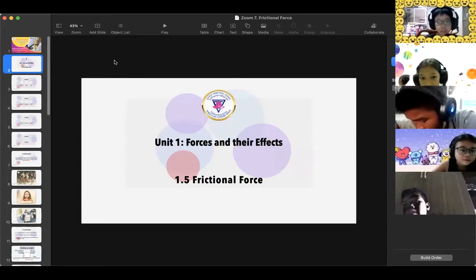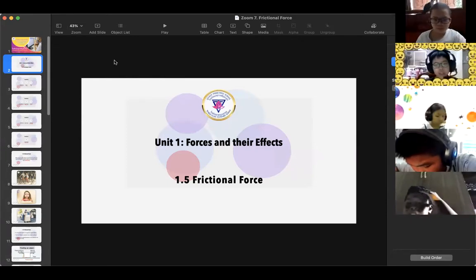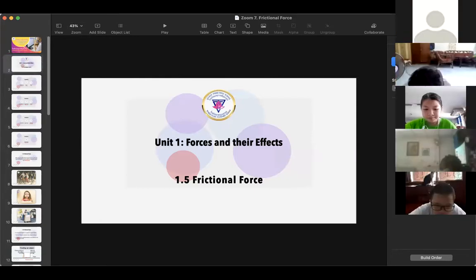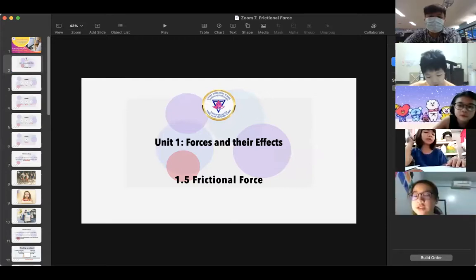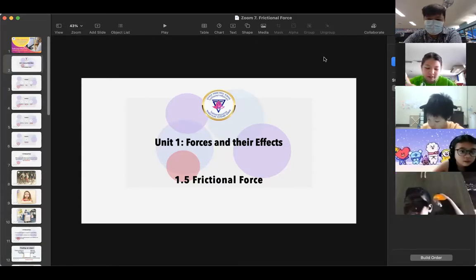Friction force. Number 2, cause. Number 3, effect. Number 4, smooth surface. 5, rough surface. It's what you call it, rough. 6, direction. 7, heavy object.